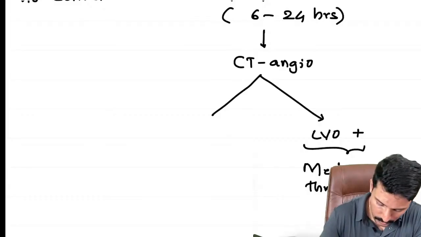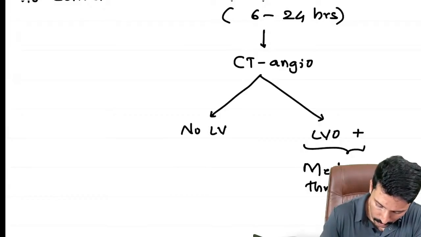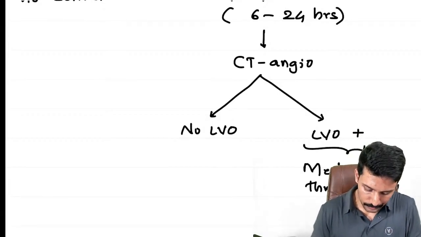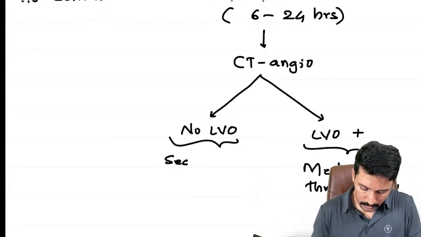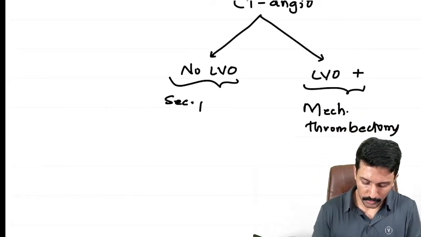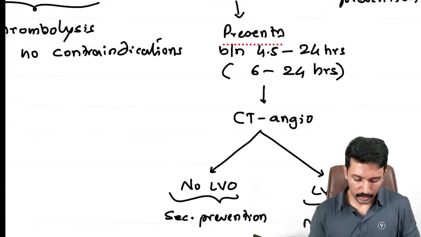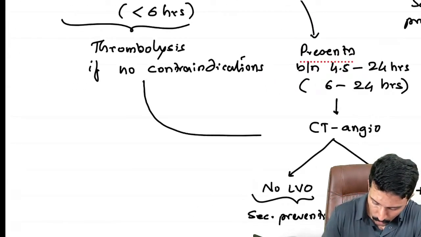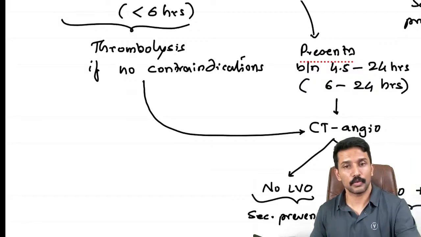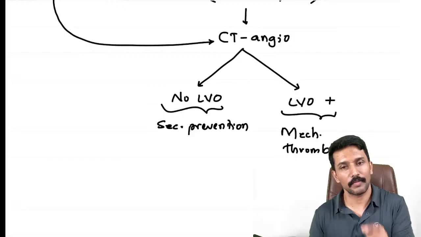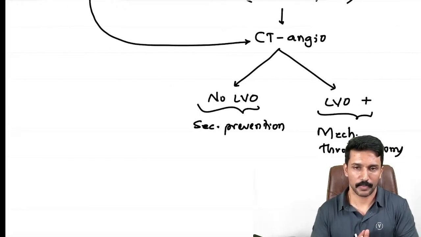But if CT shows there is no large vessel occlusion, either small vessel occlusion or no visible occlusion, then we don't have the choice of doing mechanical thrombectomy because it's not feasible practically. So we have to only offer them secondary prevention. Another point to note here is that in thrombolysis patients, only 50% of clots dissolve, the remaining 50% don't. So that's why I still need to do CT angio. And if CT angio still shows a large vessel occlusion, I have to go for mechanical thrombectomy.